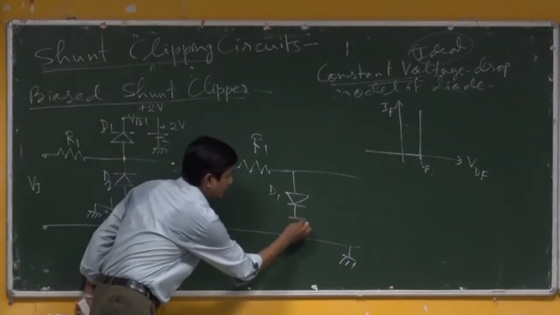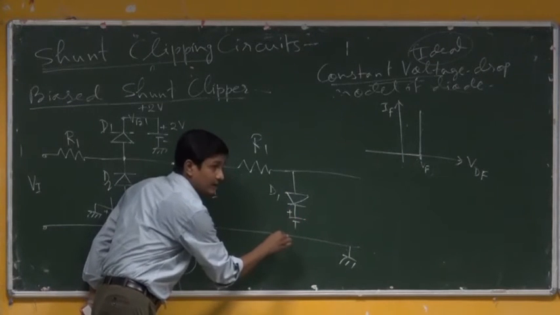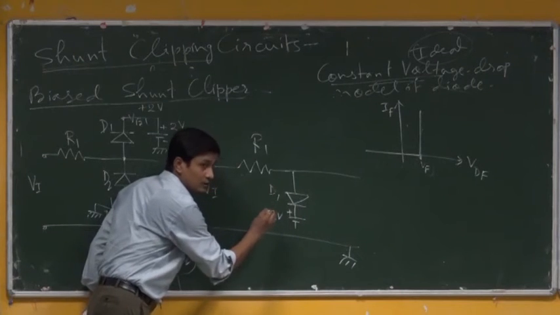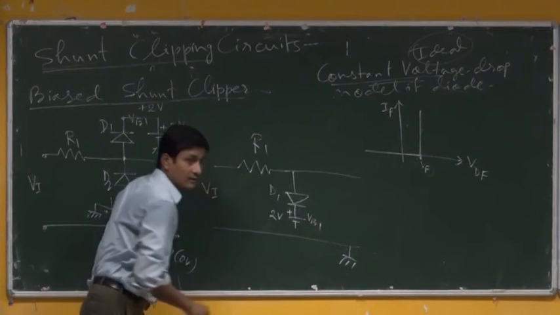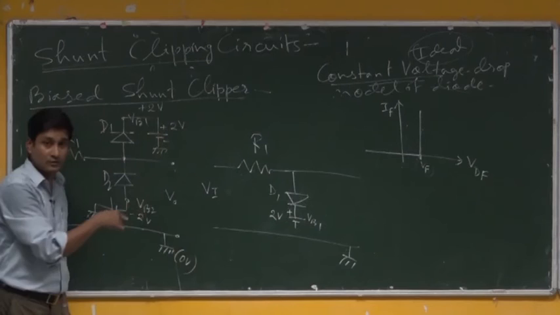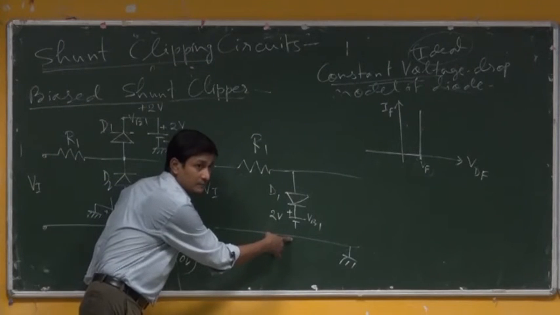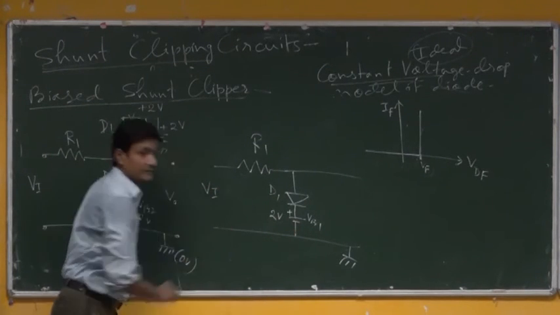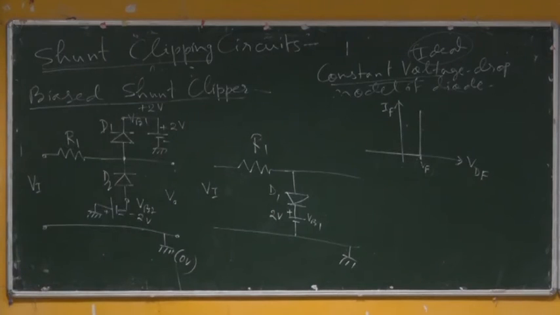So I am putting positive here with 2 volt, which is named VB1, and the negative side has gone to ground, which is very close to me. So I am connecting it directly. It is fine. I have not disturbed the circuitry or configuration. Exactly whatever it is, I am just redrawing it.